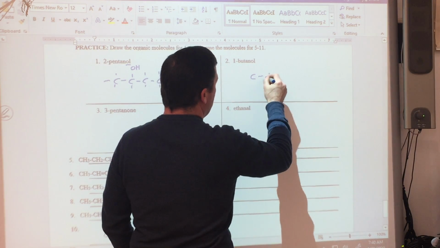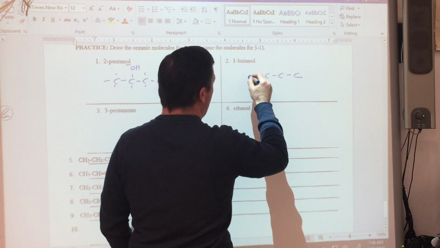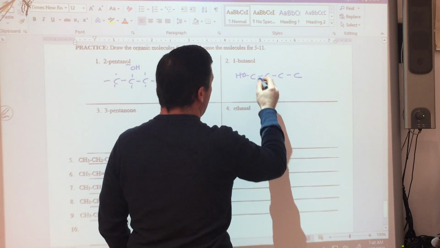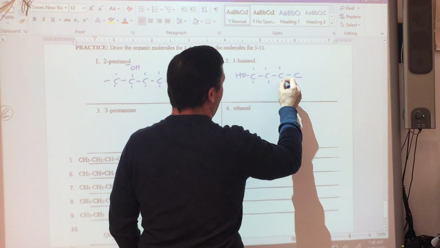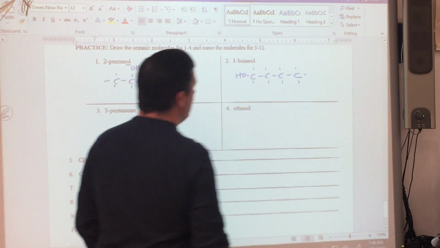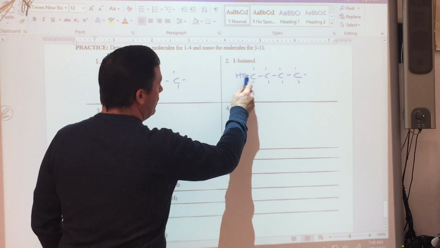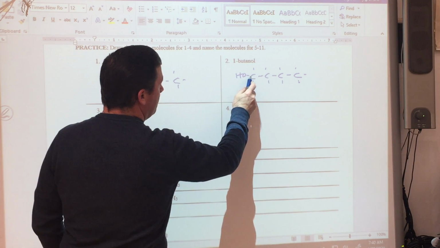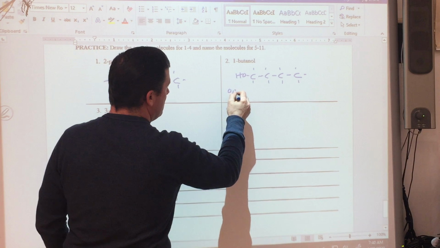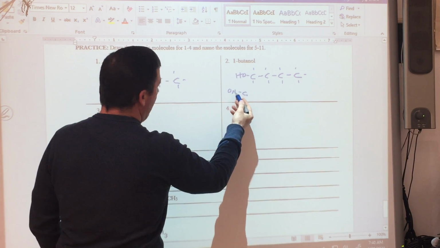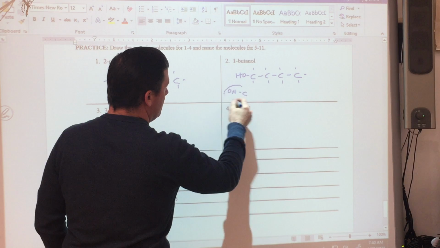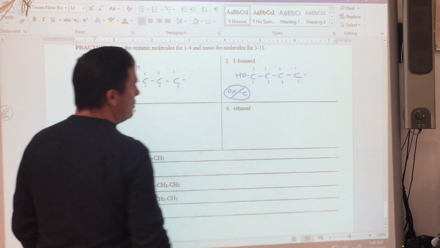But means 4. There's 1-butanol. Remember, I'm putting the oxygen bonded with the carbon. I couldn't put this because, again, hydrogen only has 1 bond. So you've got to have the oxygen bonded there.